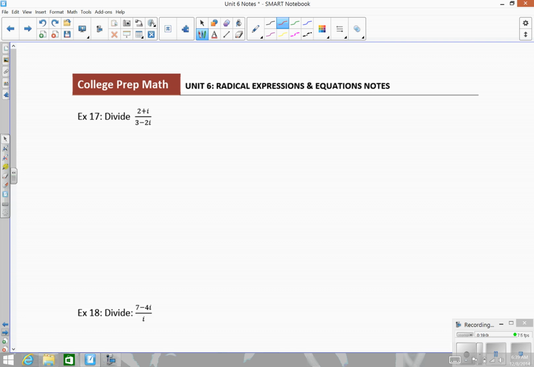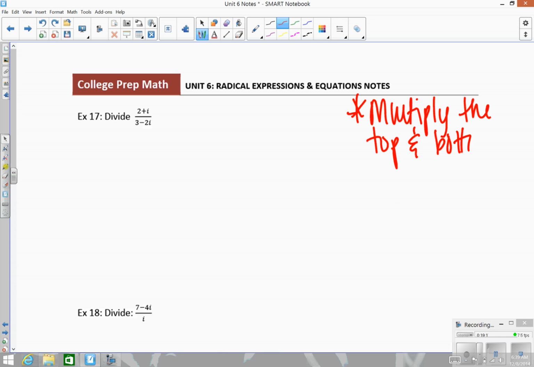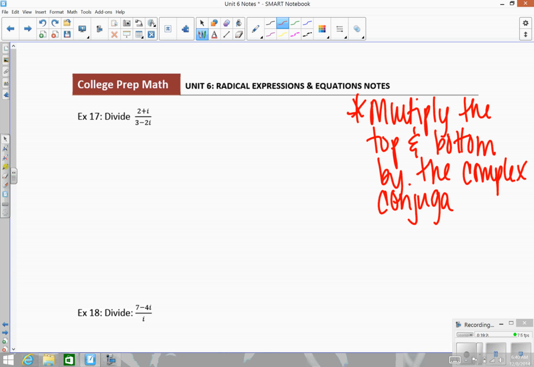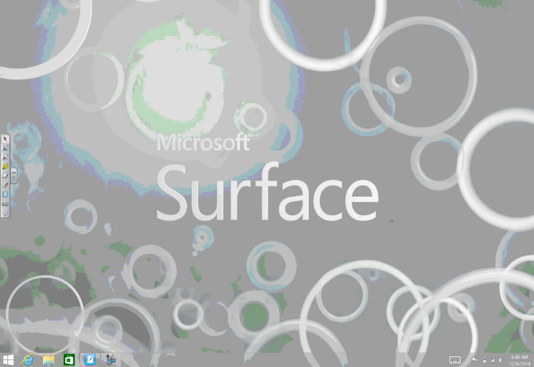So you're going to be using complex conjugates whenever you're dividing, similar to when we were dividing by radicals. So I'm just going to make a note up here to multiply the top and bottom by the complex conjugate of the denominator.